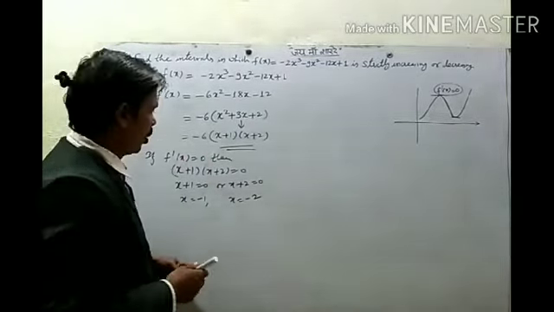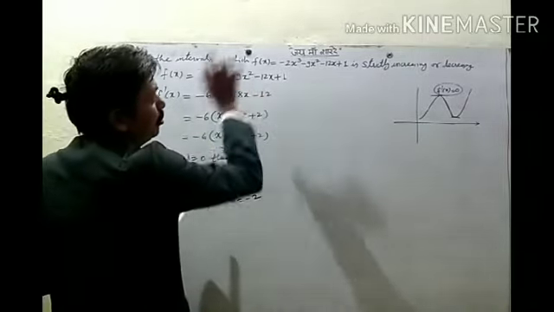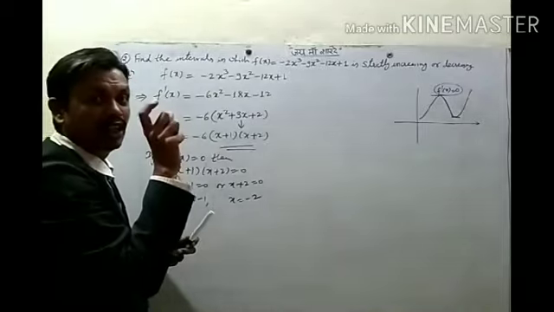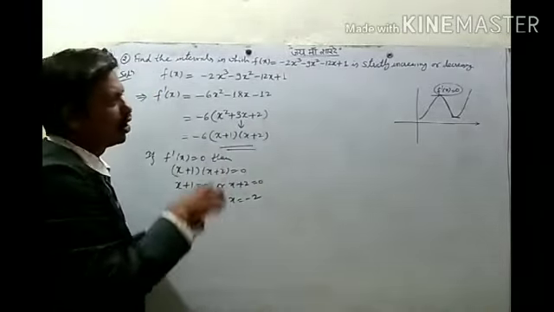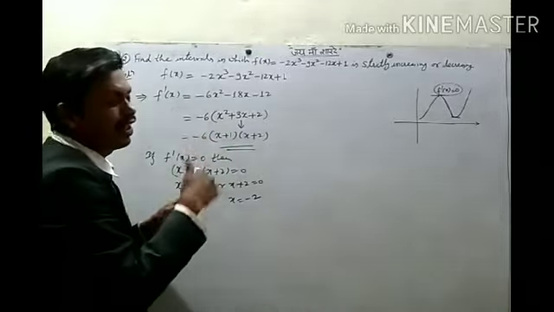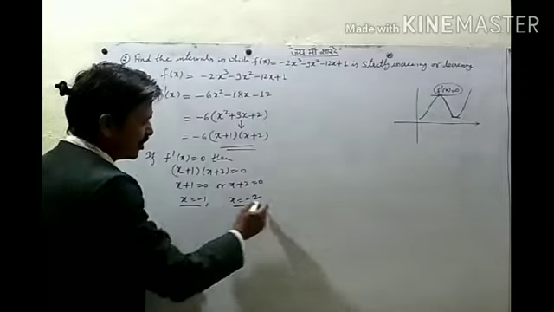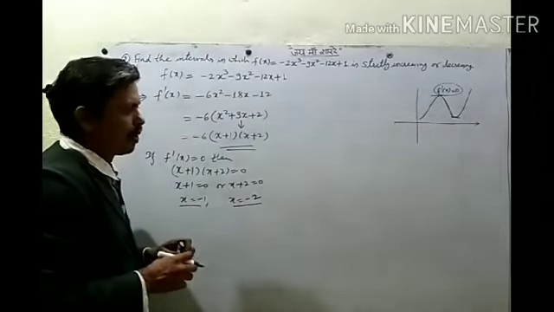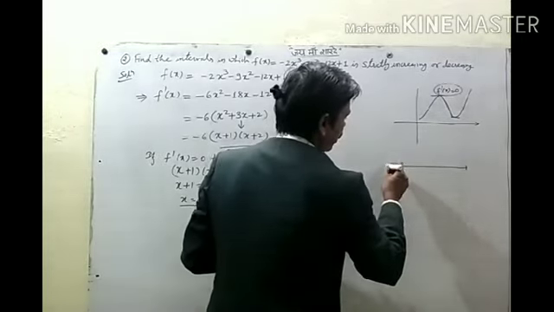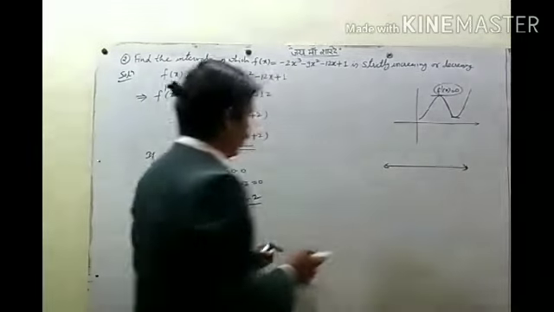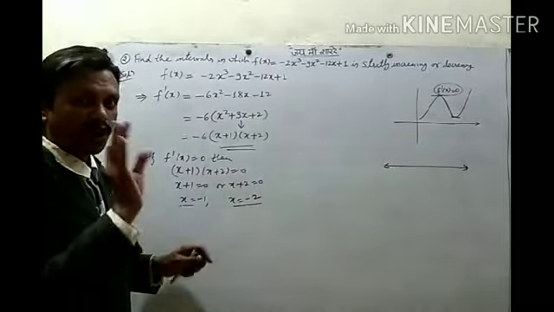Okay? Now the second thing we need: where will this function be strictly increasing? So in which interval will the derivative of this function be positive, or in which interval will it be negative? For that, these 2 points will give you intervals. On a number line, we plot these points minus 2 and minus 1 in order.